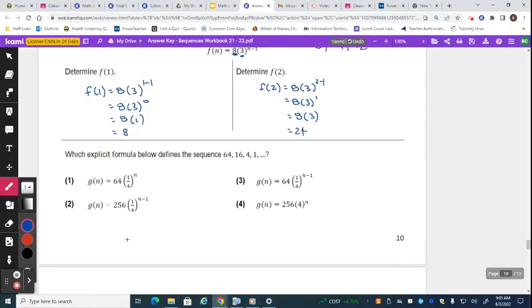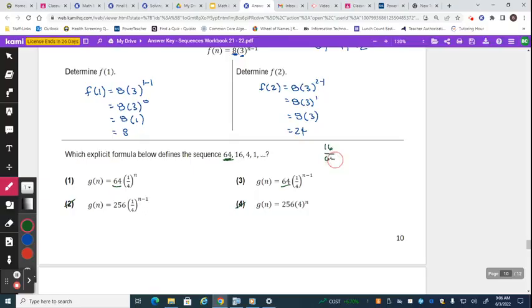All right, so which explicit formula defines the sequence 64, 16, 4, and 1? So if you're looking at these, the first term is 64. So that's what I should look for. And then I want to look at what the common ratio is. It's going from 64 to 16 to 4 to 1.